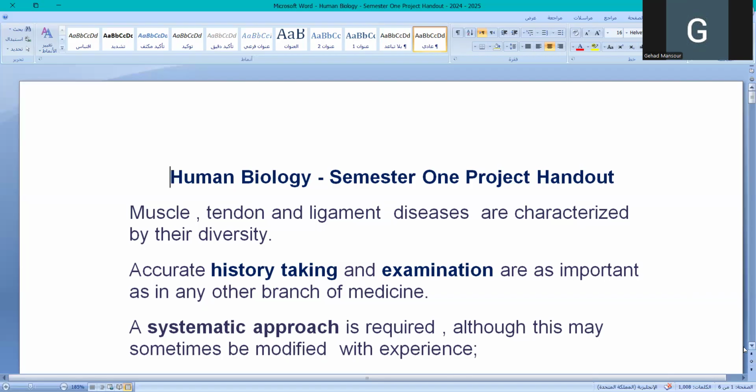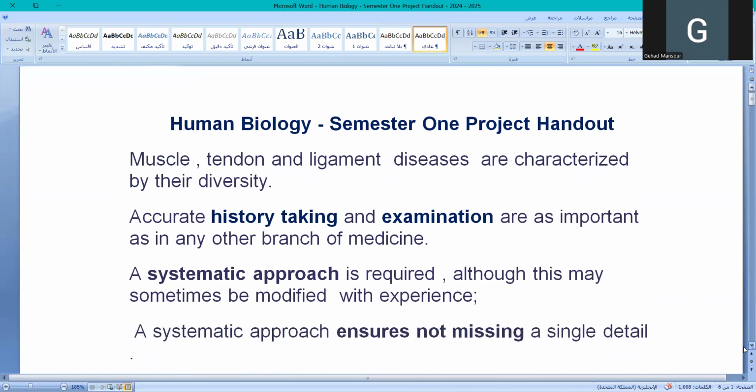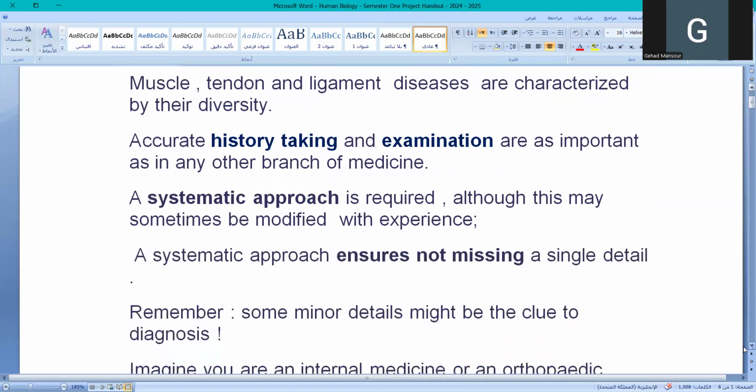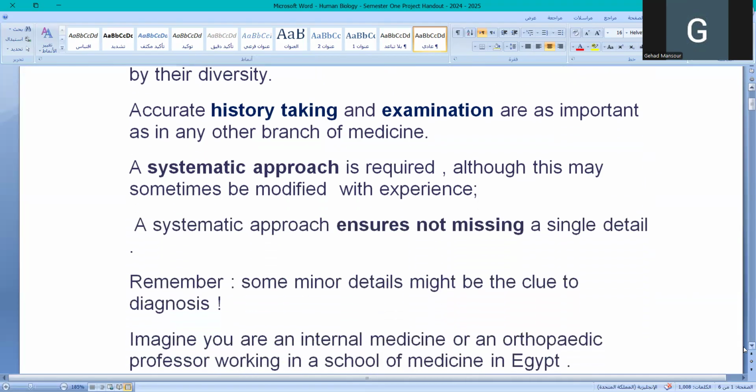Needless to say, accurate history taking is a very important clue to diagnosis. And by the end of a good history, you should have a very close idea about the differential diagnosis, or the possibilities of diseases that might cause the presenting clinical condition.